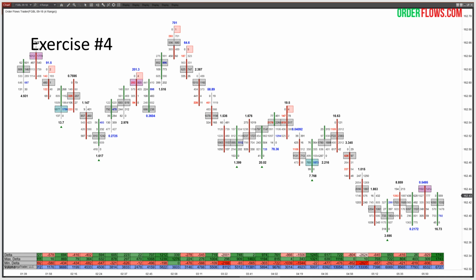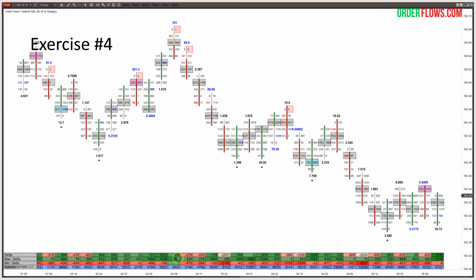Now obviously, you see the divergences here, which are the obvious ones, but take a moment to analyze what you're looking at. You have 1212, a strong positive delta. The one that follows it, 339, is obviously not very strong.